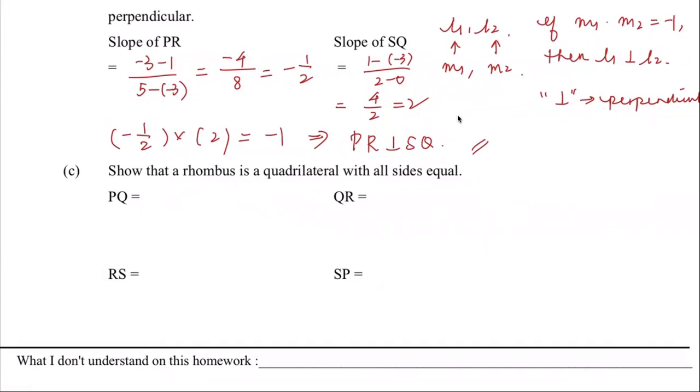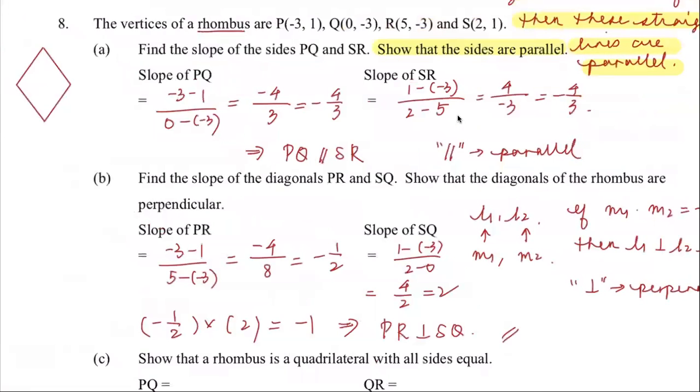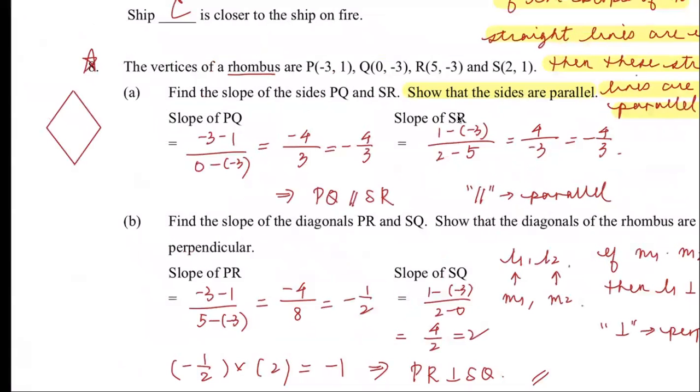Okay, C, show that a rhombus is a quadrilateral with all sides equal. So part A and part B. So this is a very good question actually, because different parts tested different formulas, right?